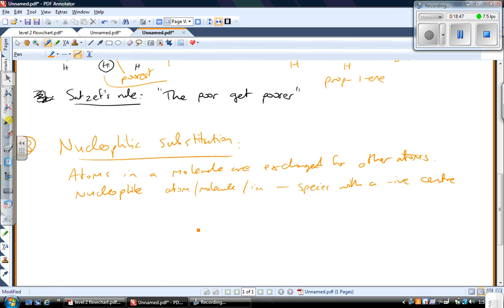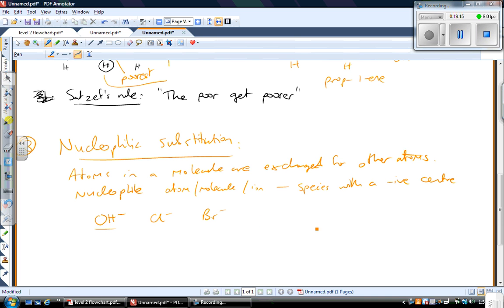So the typical examples we come across as good nucleophiles would be OH minus, for example, substituting an OH group onto a haloalkane to form an alcohol. Similarly, you could have a chloride ion for halogenation. You could have Br minus if you're adding bromine onto an alkane. All have negative centers.